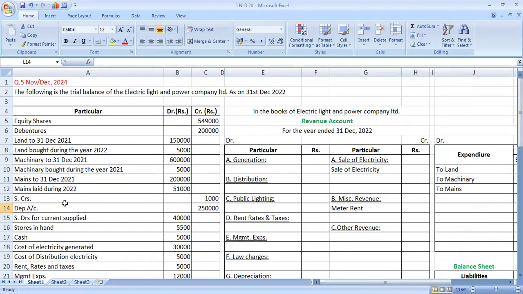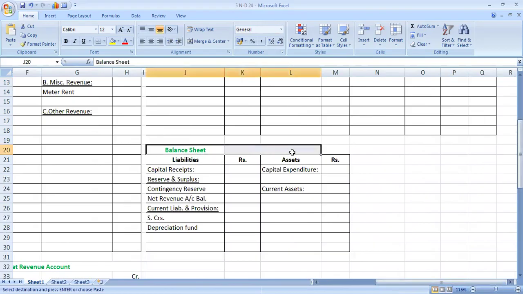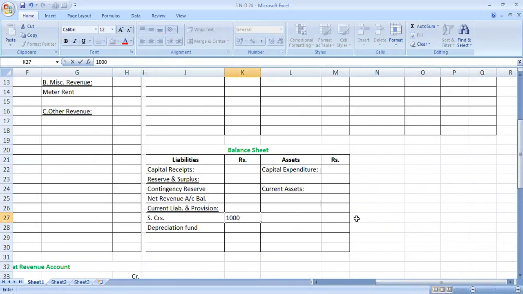Sundry creditors. Sundry creditors is a current liability, hence goes to the liability side under the heading of current liabilities, 1,000. Balance sheet liability side, rupees 1,000 under the heading of current liability and provision.